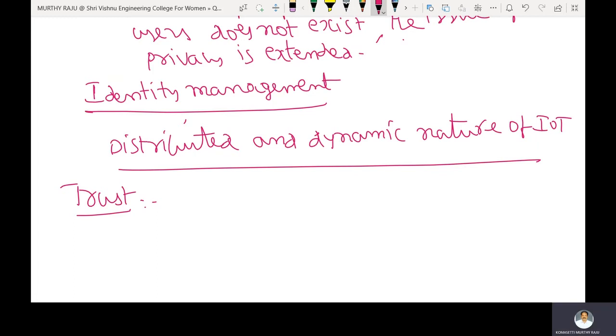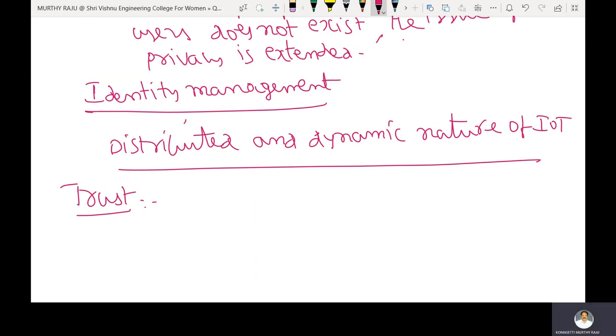Suppose in military areas, which are uncertain areas, some wireless sensor nodes are deployed to extract the enemy target's information. Unwantedly, a third-party sensor node enters that area and disturbs the communication. Wrong information is sent to the base node. That is also one of the security challenges faced by IoT applications.